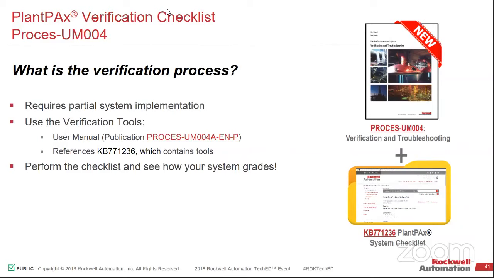Like I said, there's a multi-page Excel spreadsheet that covers the controllers, the PAS, the HMI side, servers, virtualization, all of those different pieces. There are 5 different tabs in that Excel spreadsheet to give you all of the stuff you need to know that you've got it configured correctly. And then there's a tool to extract information from the HMI so that you don't have to try to go find it.